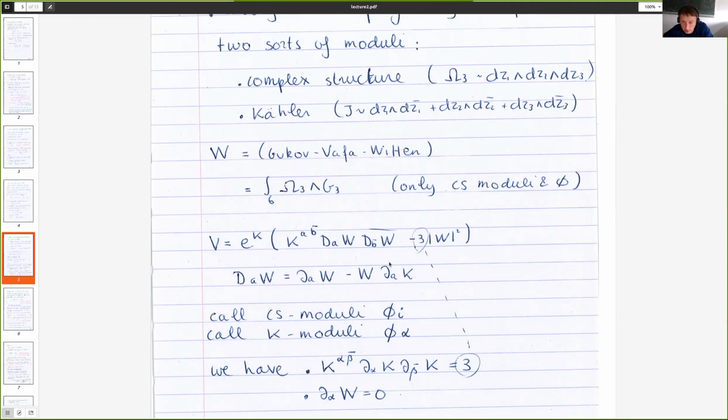And you have to also look at these equations. So what I told you is that whenever the index A is an alpha index or a beta, so a Greek index, this thing will vanish, correct? Because I told you it doesn't depend on the Kähler moduli, but I still have this. So in the Kähler directions, I get K alpha beta bar, I exactly get this combination. You see that?